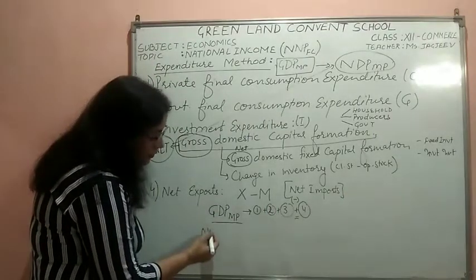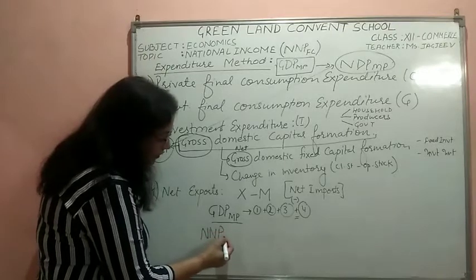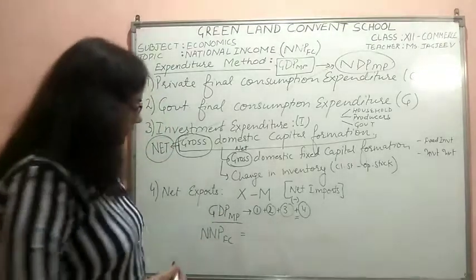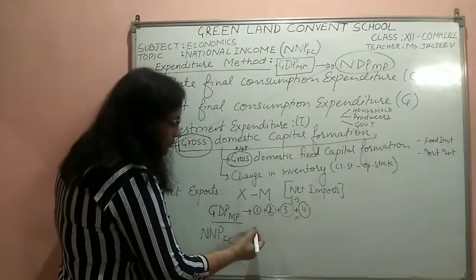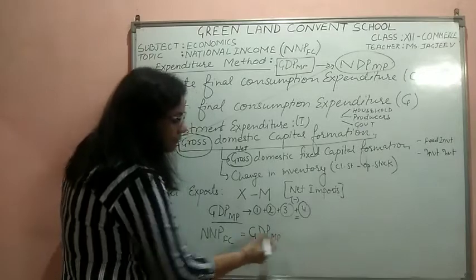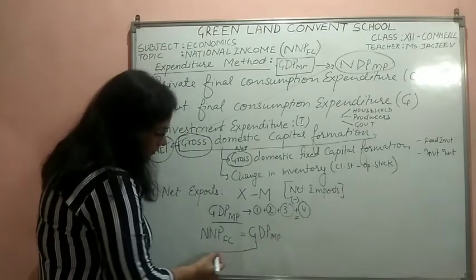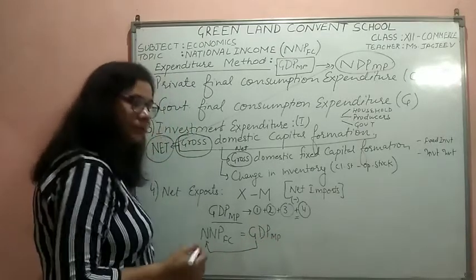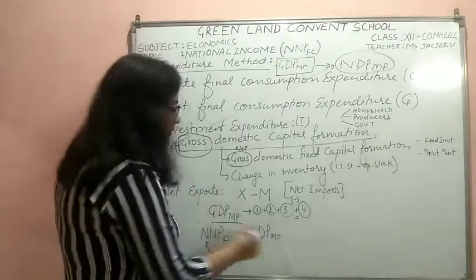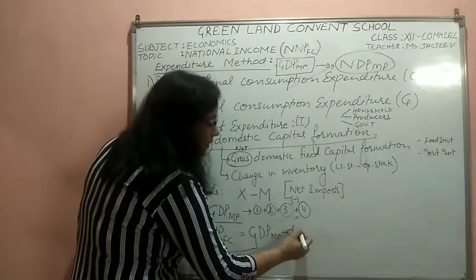If in the question we are asked to find NNP at FC, or the national income, how would we find it? We are already at GDP at MP. Now, from gross to net, we have to subtract depreciation.